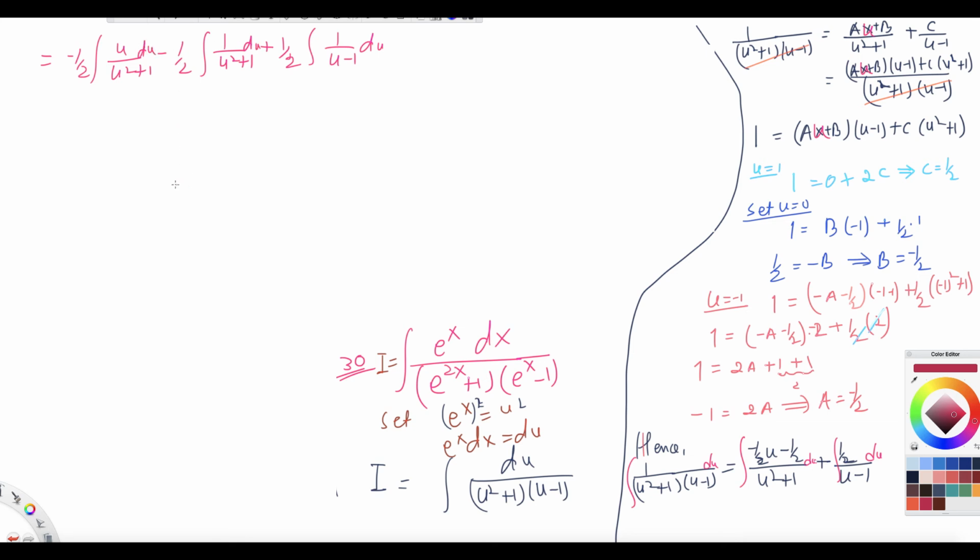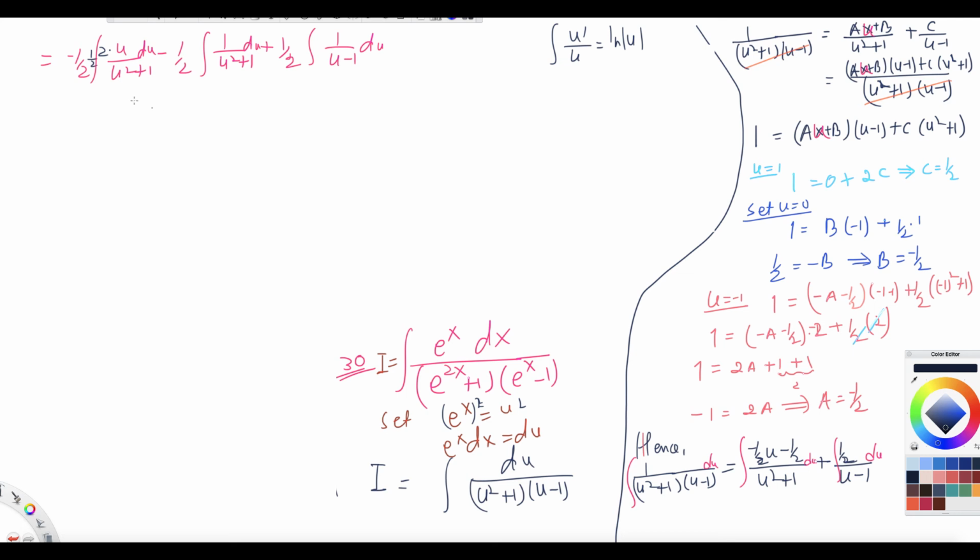Okay, so what do you get here then? What is the derivative of the denominator? That is 2u, so we need 2u on the top, right? So what I'm going to do is times 2 and then times 1/2. If I do that, then that can be written as log, because we know that the integral of u prime over u is the natural log of u.